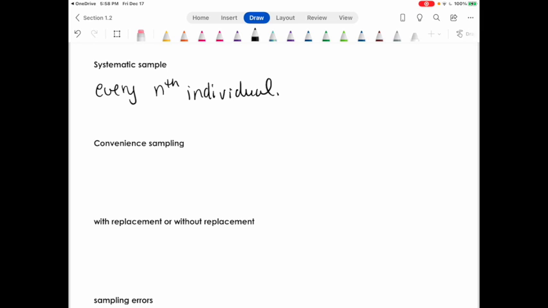So, for example, if I want to do a study on finding the most popular major in the state of Ohio at 2-year colleges, I should be picking samples from every 2-year college across Ohio so that we have a representative sample.